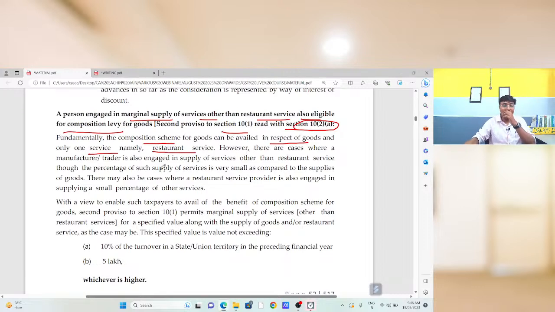However, there are cases where a manufacturer or trader is also engaged in supply of services other than restaurant services, though the percentage of such supply of services is very small as compared to the supply of the goods. There may also be cases where a restaurant services provider is also engaged in supplying a small percentage of other services.